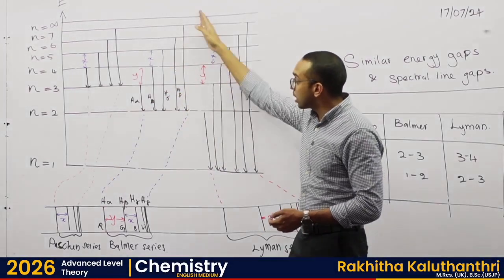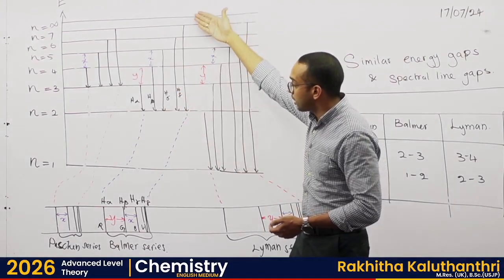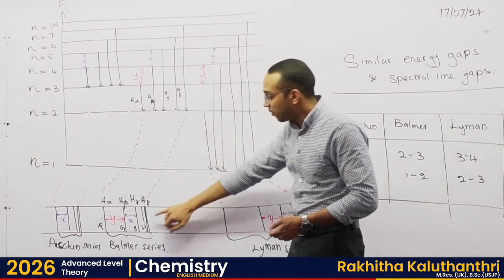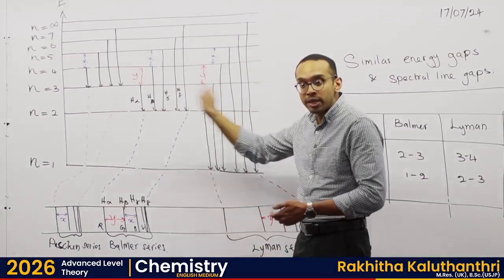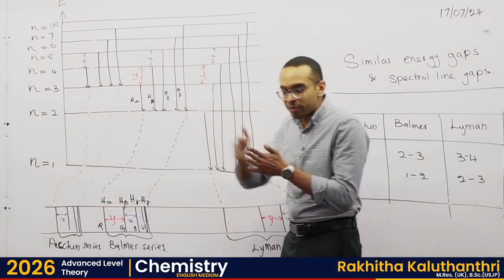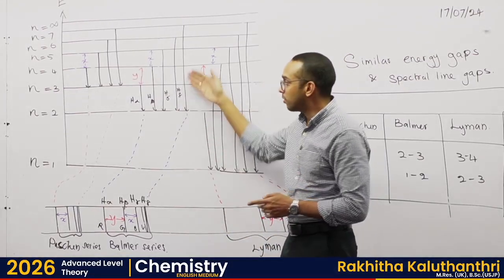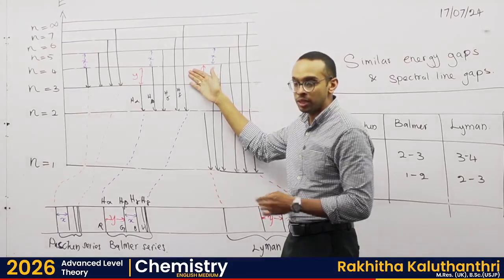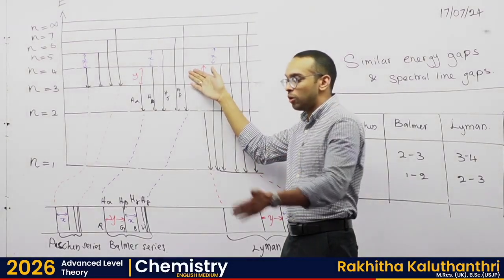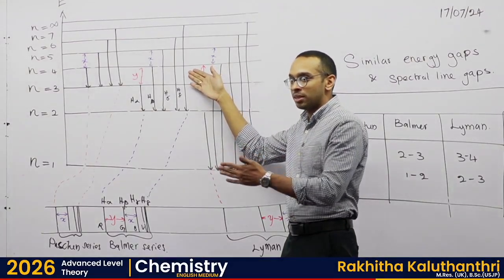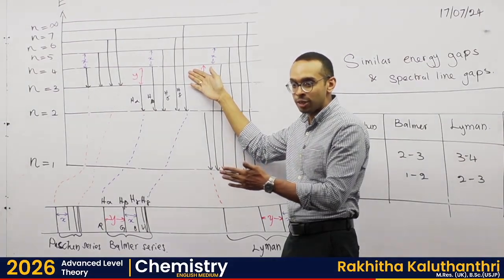The other electron transitions coming from higher energy levels have more energy than the violet light. More energy than violet. So more than violet means what? Where does the radiation fall? Is it within the visible light region, or more than violet means what? Ultraviolet, UV.